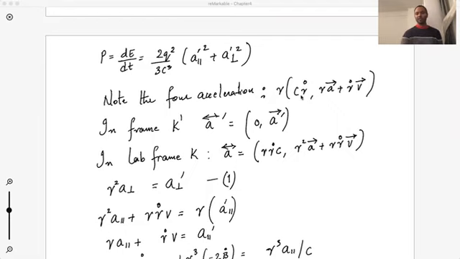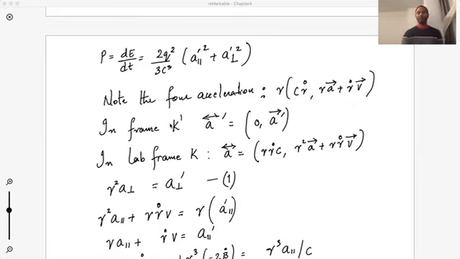So the 4 acceleration in the lab frame is this. This is the general expression for the 4 acceleration, regardless of frame. And this is going to end up being the 4 acceleration of the particle in the lab frame if we choose gamma as the Lorentz factor of the particle in the lab frame and gamma dot as its time derivative, right? So that's basically the 4 acceleration of a particle.